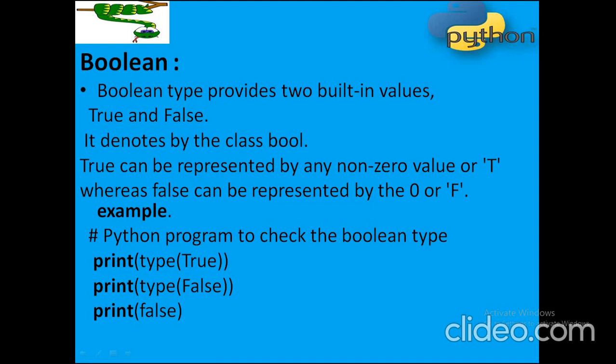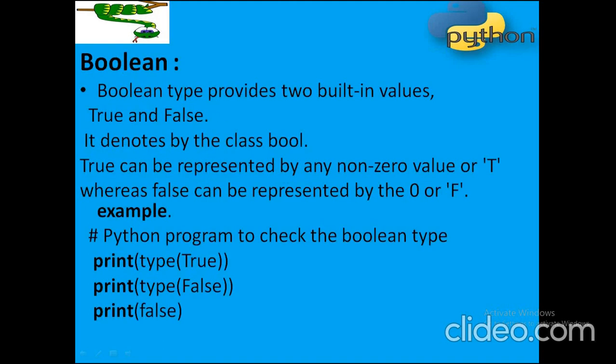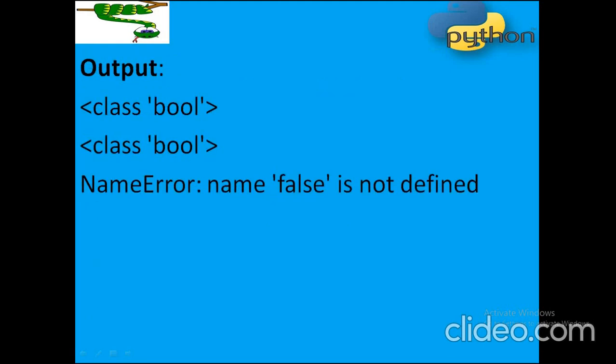We have the syntax print type true or print type false, print false. These are some sample examples we can use. For this we have the output class bool, and lastly we have the error, name false is not defined. In the third case, print false, it is not defined for the syntax.